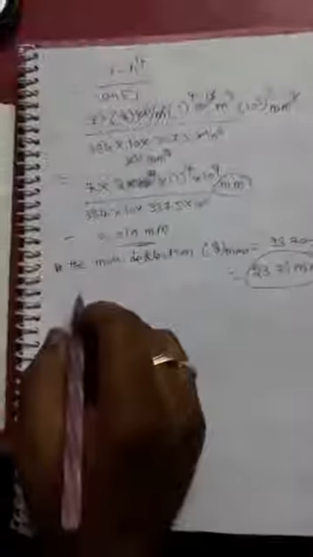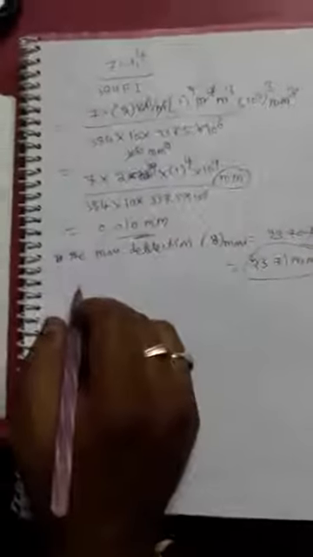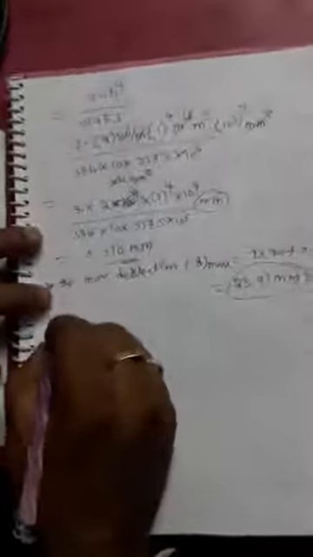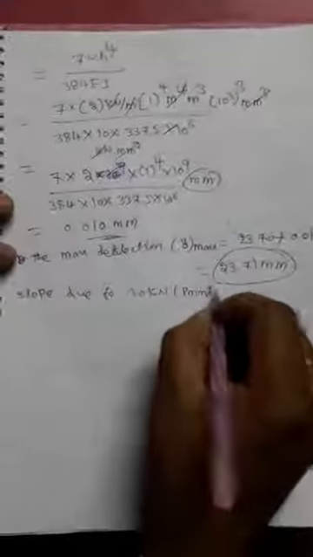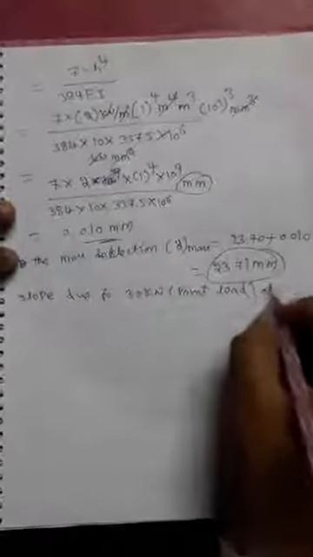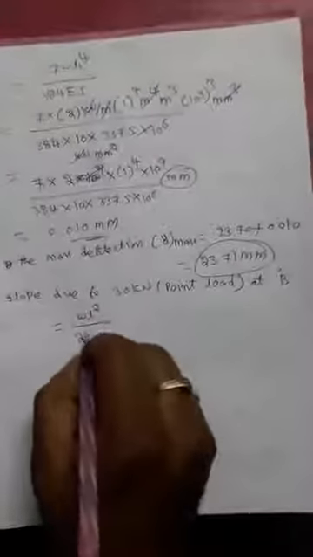And next you can find the slope. Slope due to 30 kilonewtons, that is the point load at B. The formula for slope due to 30 kilonewtons is WL square by 2EI.